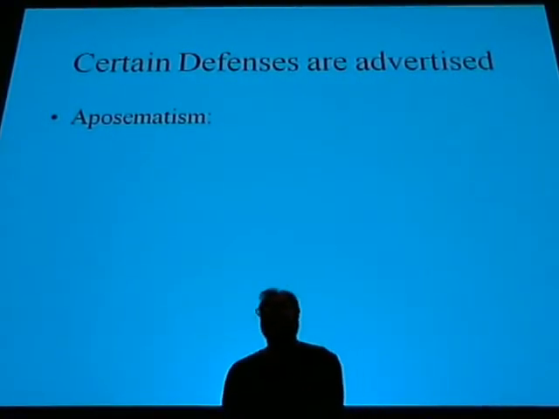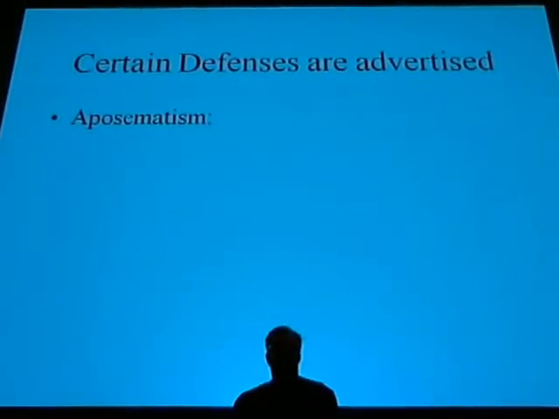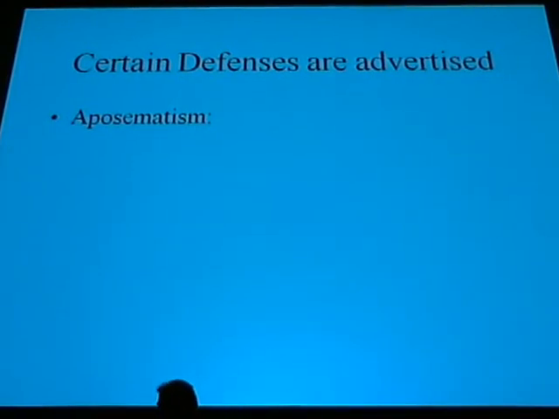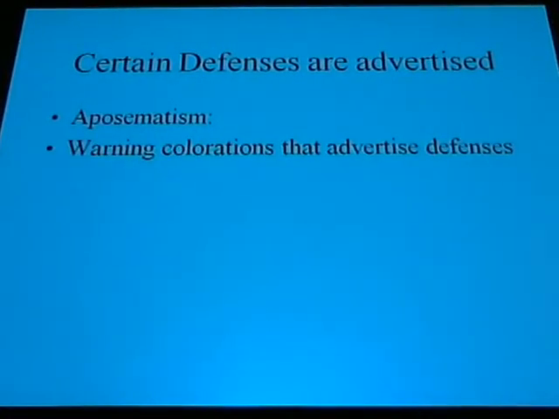Either you're going to get stung or you're going to die from the toxic tissue that I am, or something along those lines. And they want you to know that. And they advertise it forcefully. So these are warning colorations that advertise the defenses. They basically are a form of communication, saying, you don't want to mess with me, right? It's a form of visual communication.